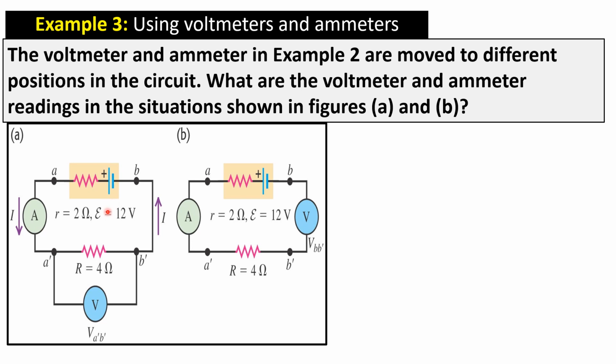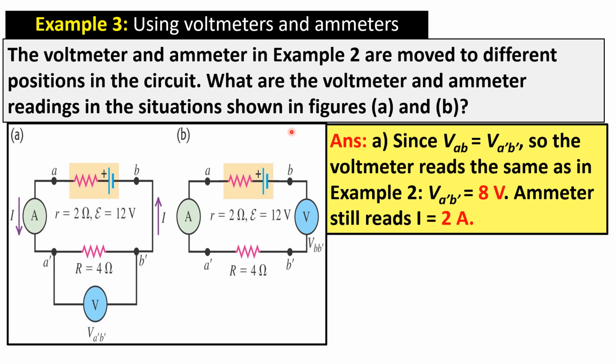What do you think are the answers to our questions, the voltmeter and the ammeter readings? First, in letter A. Since the voltage across points AB is equal to the voltage across A prime B prime, the voltmeter is reading the same voltage as discussed in example 2 earlier, which is 8 volts.